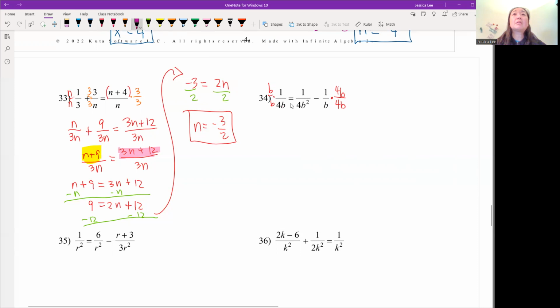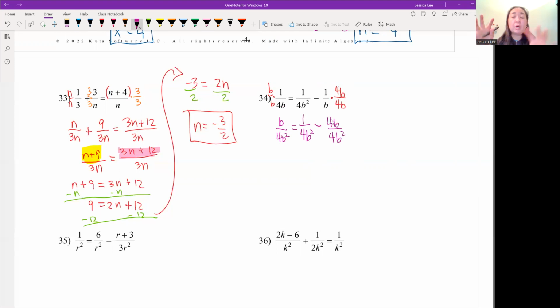We get b times 1, which is just b, over b times 4b, which is 4b squared, equals, this one stays the same because the denominator is already the common denominator, minus 4 times, well, the top part is just going to be 4b over 4b squared.